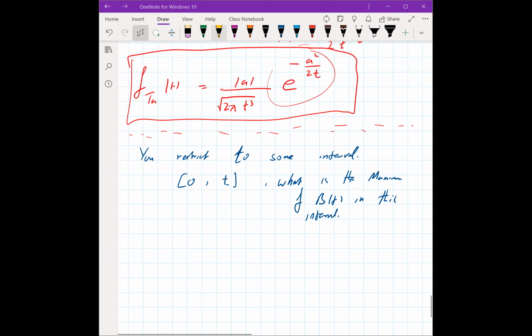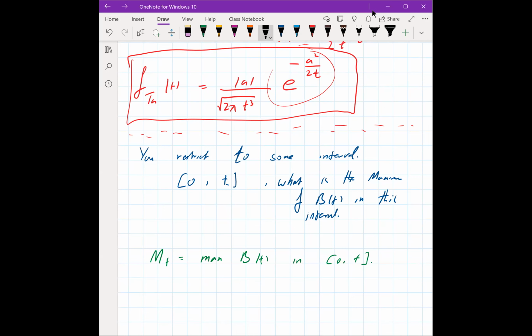So this, we call it m of t. This is the maximum of b of t in this interval. So what would this be?